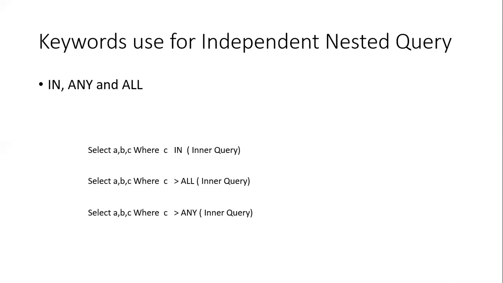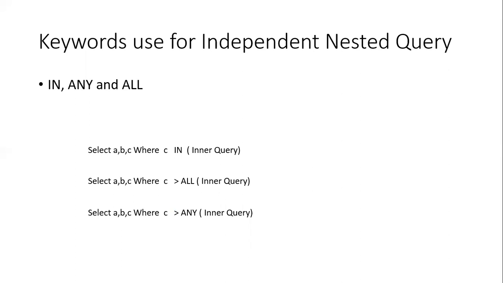And whenever we use the ANY keyword, it means that we will select the attributes A, B, C of those tuples whose attribute C value is greater than any of the values of a set. Which set? The set whose values are returned by the inner query.